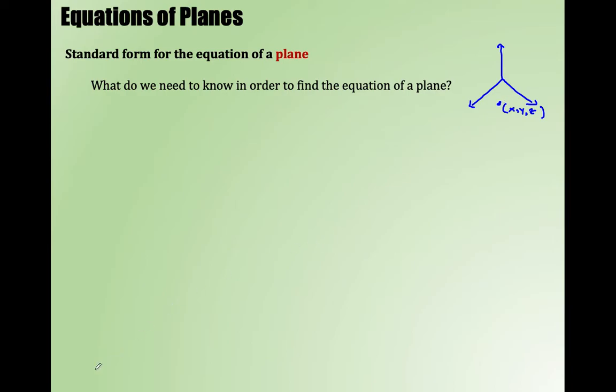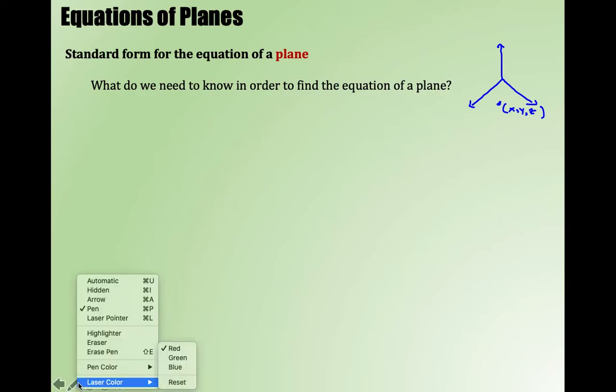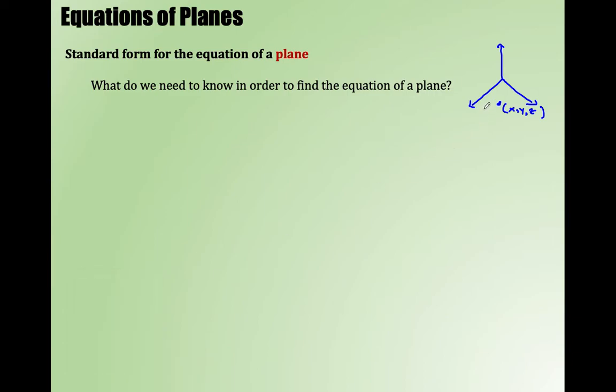If I want the equation of the plane, well, the XY plane contains that point, but can you imagine, it's hard for me to do this on the screen, there's a plane that comes down right through it, or another plane that comes diagonally through it.